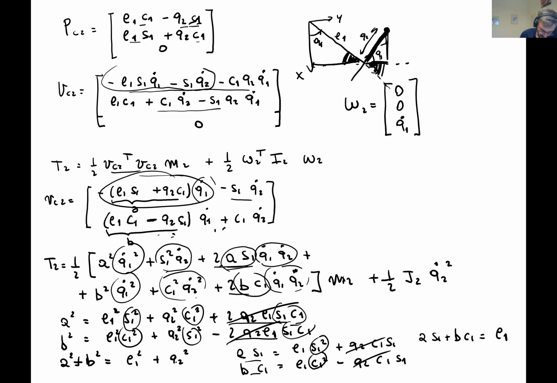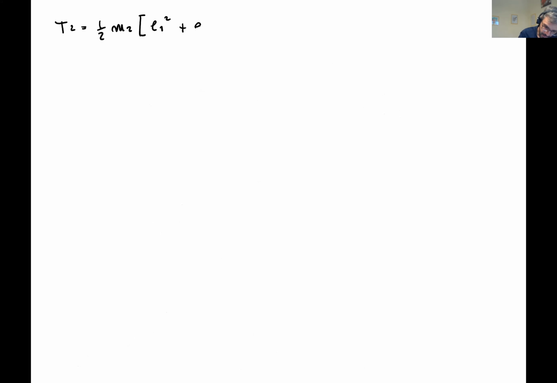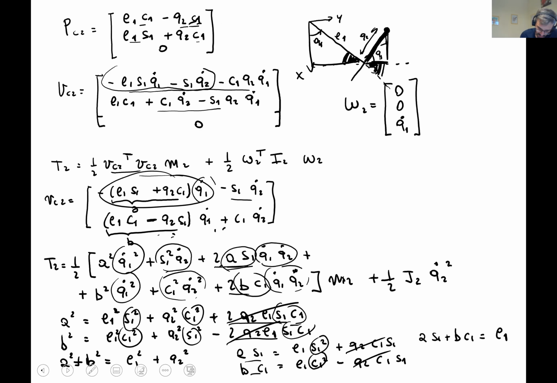We get 1/2 M2 times L1 squared plus Q2 squared times Q1 dot squared, plus the term that was here, which is becoming 1.